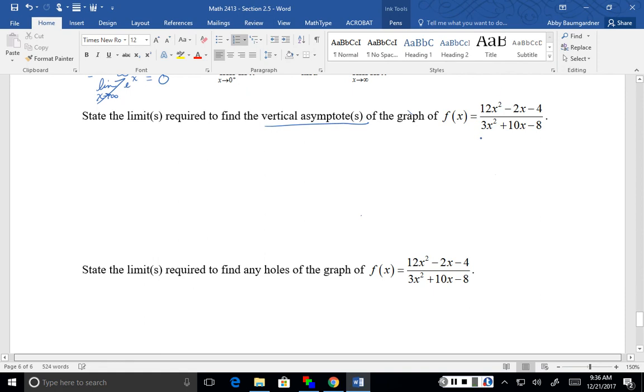Let me come off to the side and factor this. I know that I can take a 2 out of each piece in the numerator. In the denominator, I think that factors. 3x times x would give me 3x squared. And then there's a couple of combinations you could use for 8, 1 and 8, 2 and 4, but not all of them work.